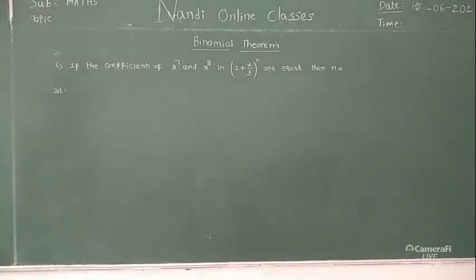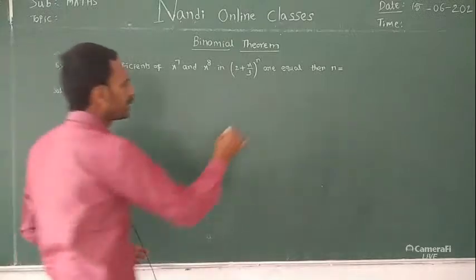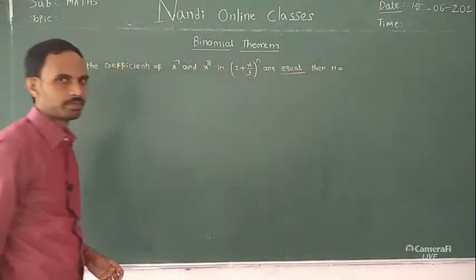Understand the question. If the coefficients of x^7 and x^8 in (2 + x/3)^n are equal, what is the value of n?